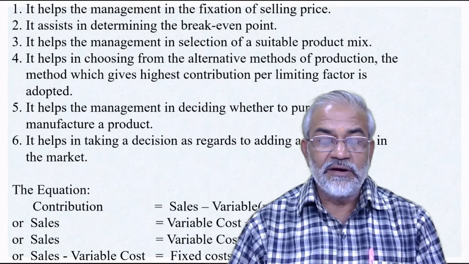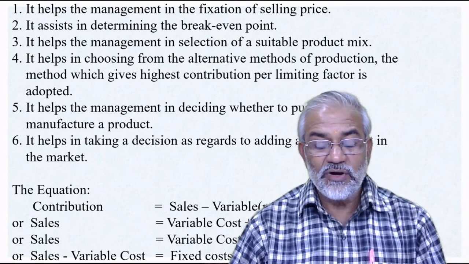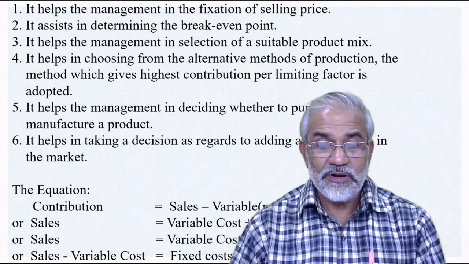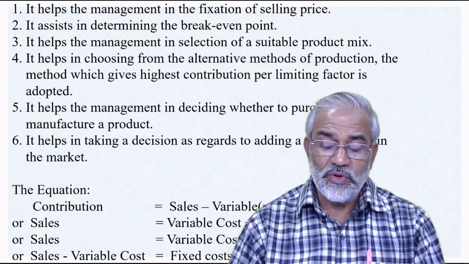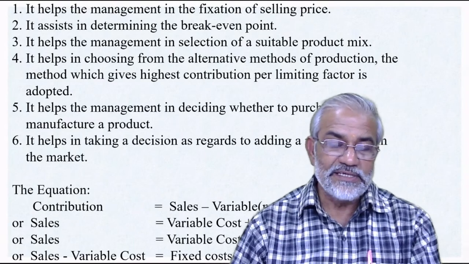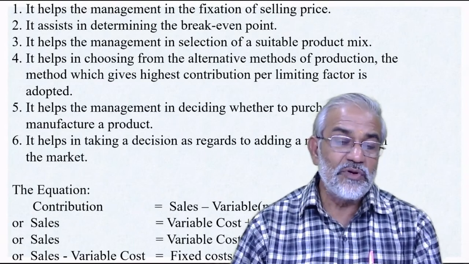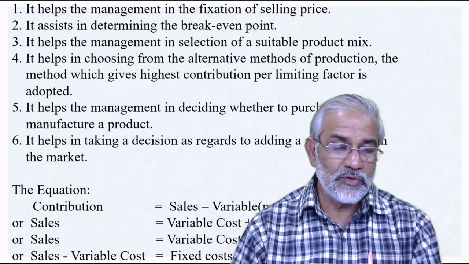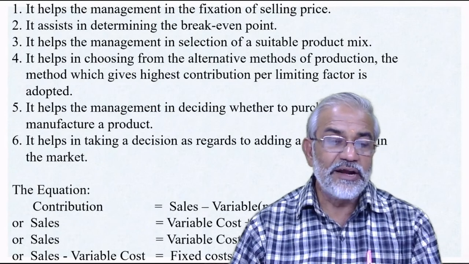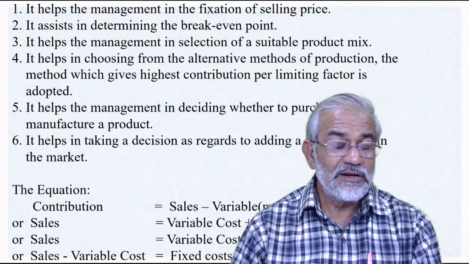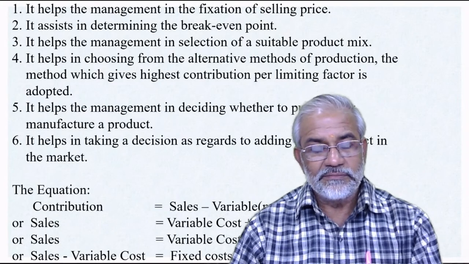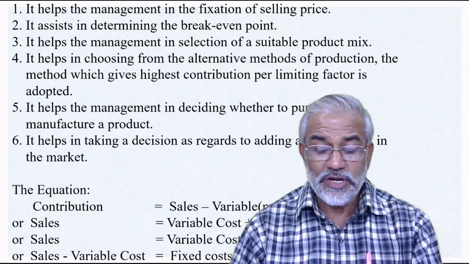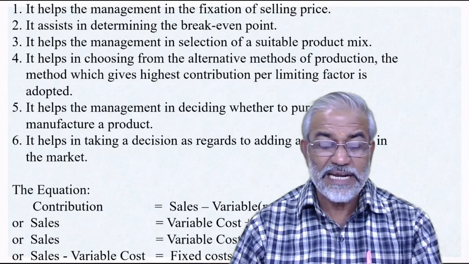And the variable cost, which is 8 rupees per unit for 25 units, 25 into 8, would be 200 rupees. So 200 rupees is the variable cost for 25 cups of coffee, and 100 rupees is the fixed cost for a day.